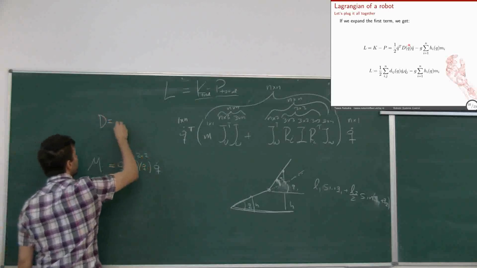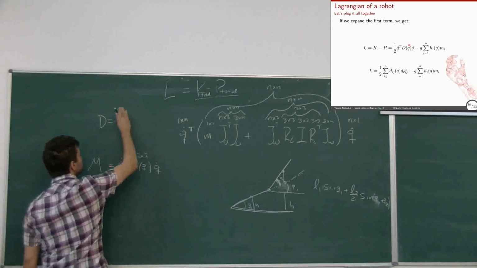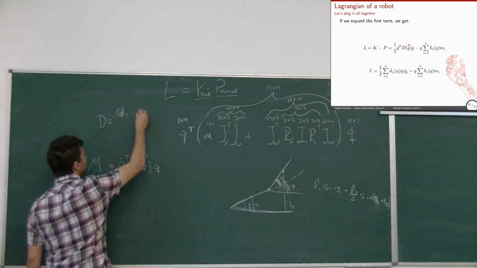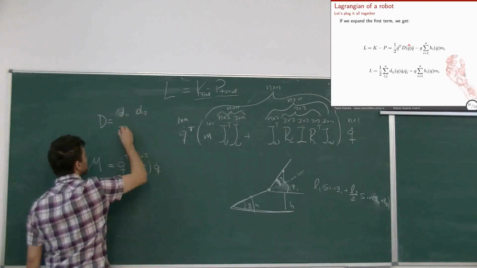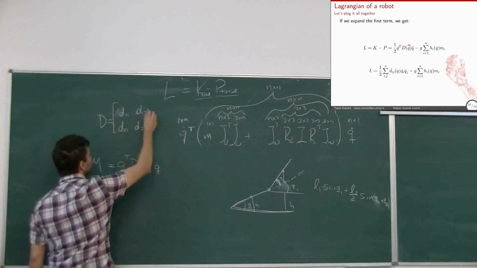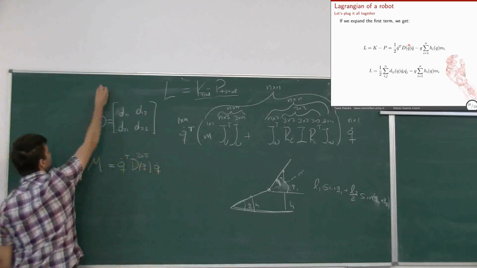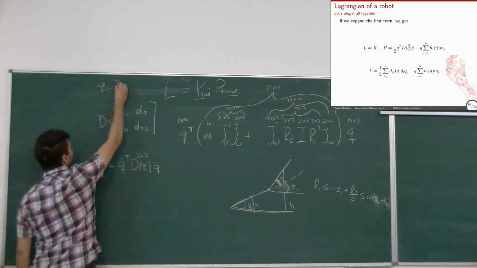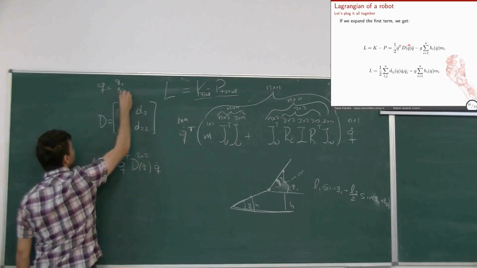D has elements D11, D12, D21, D22. And Q has Q1, Q2.